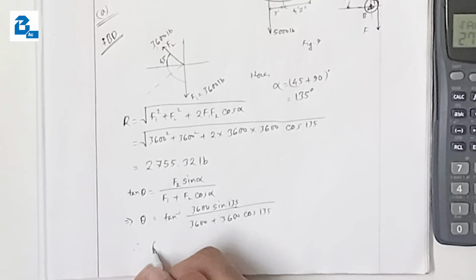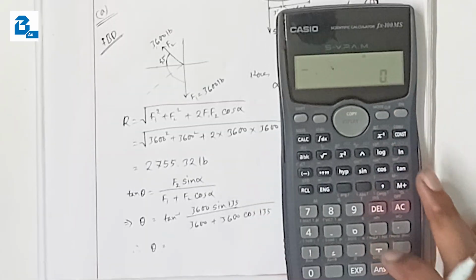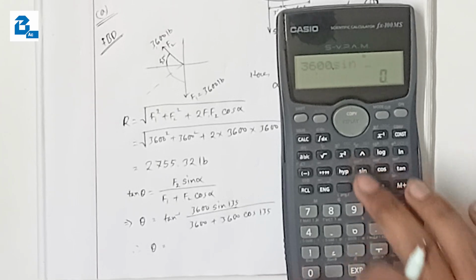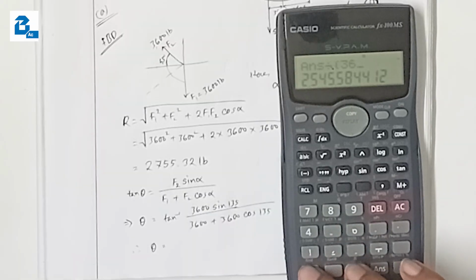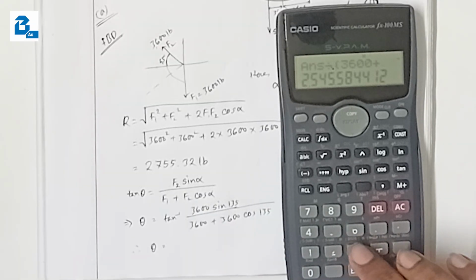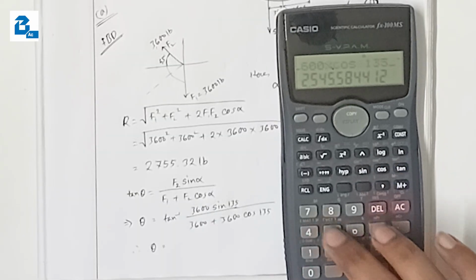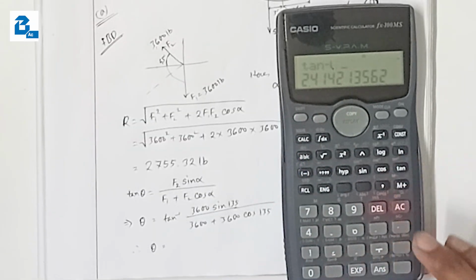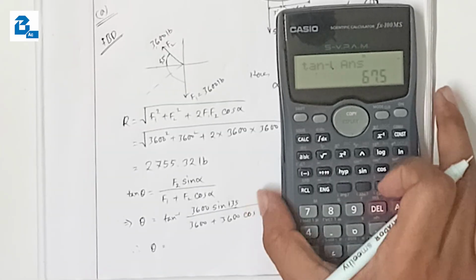And then if we calculate it, we will find the value of theta. So 3600 sine 135 divided by 3600 plus 3600 into cos 135. Then we get something like this. Then we will use tan inverse answer, and that would be 67.5 degree.